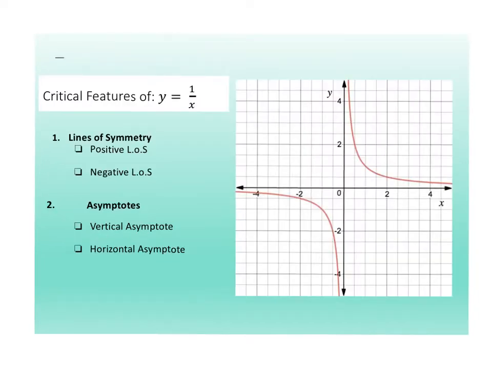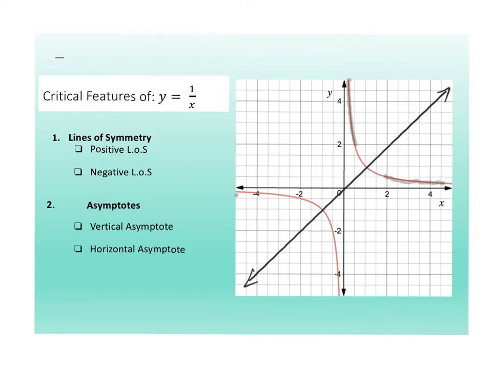Now let's look at the critical features of y equals 1 over x. First, the line of symmetry. Here, you've got a positive and a negative line of symmetry. Let me first show you the positive line of symmetry. If I draw this line here, you can see that if I fold the hyperbola along this line, this bit here will cover this bit here.